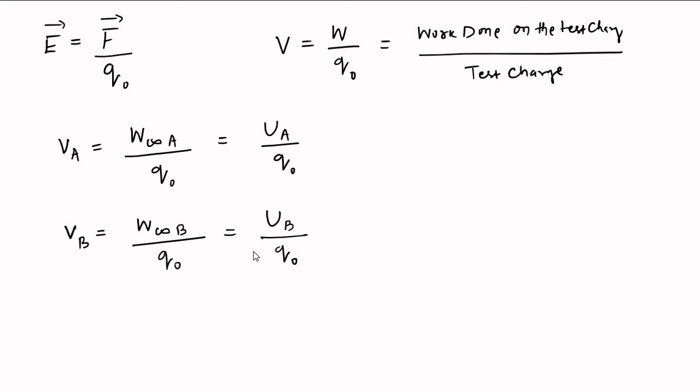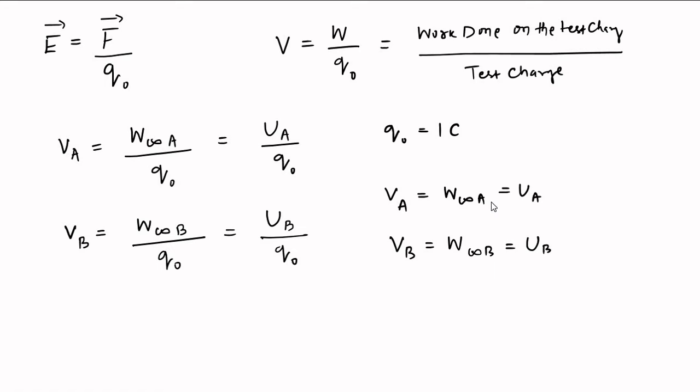So if we consider a unit positive test charge, that is the value of q0 is 1 coulomb, then we will have VA as W by 1, which is phi A or UA, and VB equal to W by 1, which is phi B or UB.